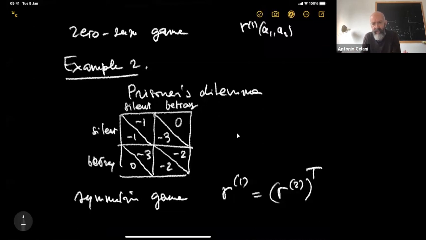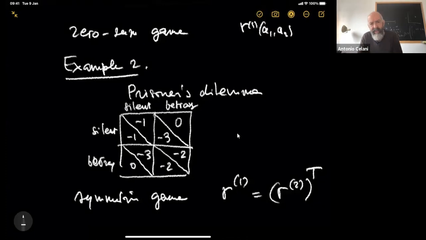Okay. So this is also a template for many situations in decision making for humans and for animals, where you have to choose about cooperating to have some sort of good reward, but less than what you would have if you betray. But if you betray, clearly there is a temptation also for the other player to betray as well, and this gets you to a situation which is worse.